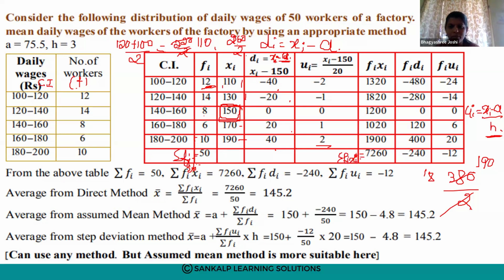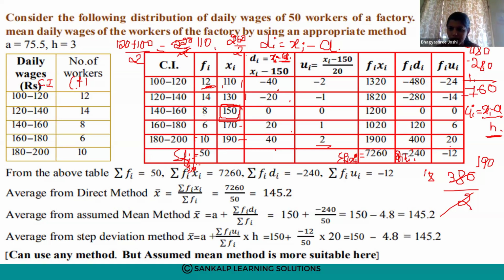Next, we'll calculate sigma Fi Xi. Sigma means what? This is summation. Summation means the sum of all the values. So, sigma Fi Xi: if you add all these values, then you will get 7260. Next, sigma Fi Di. First, we'll calculate minus 480 minus 280, that is minus 760.